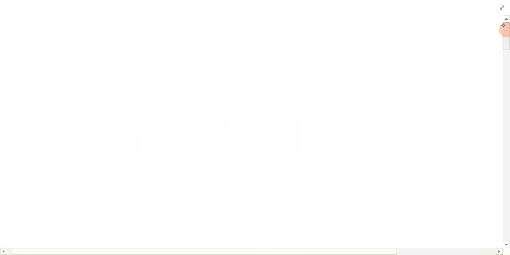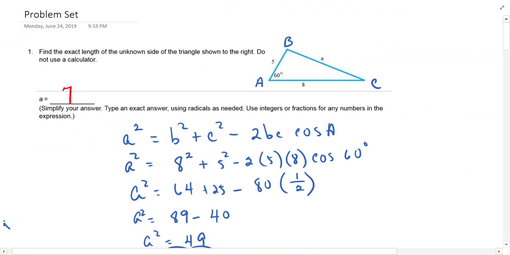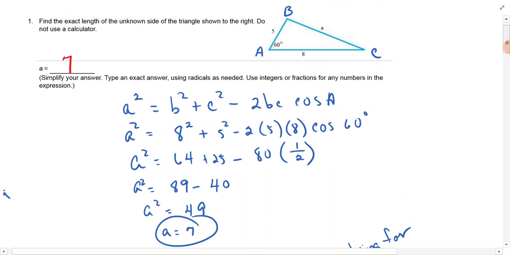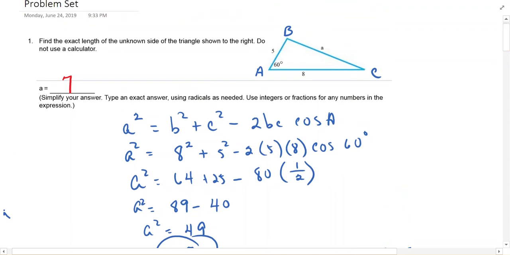We'll go to the top here. Find the exact length of the unknown side. Do not use a calculator. All right, well, when we see 60 degrees, that means we could find out some things because we know those basic certain angles. So if I'm trying to find side A, I use my law of cosines, and here's my formula that I would want to use.